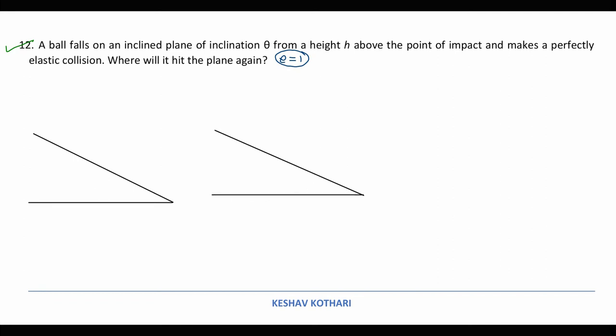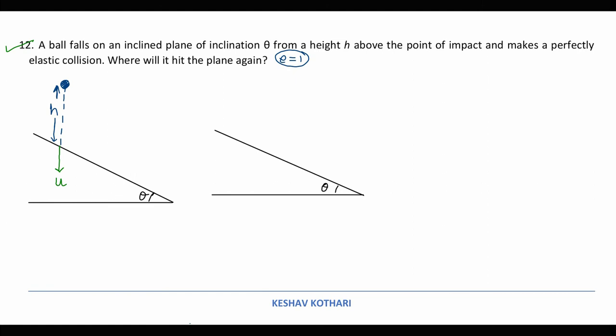The inclined plane is inclined at an angle theta. In the first case, the problem states that the ball is dropped from a certain height h. So over here, the impact speed u is in the downward direction like this.